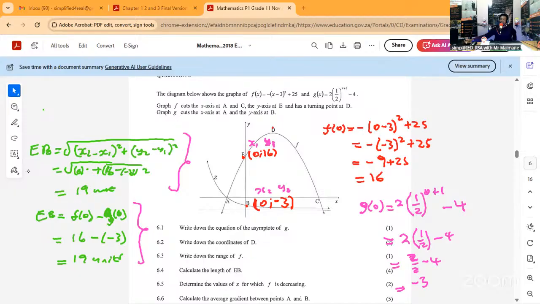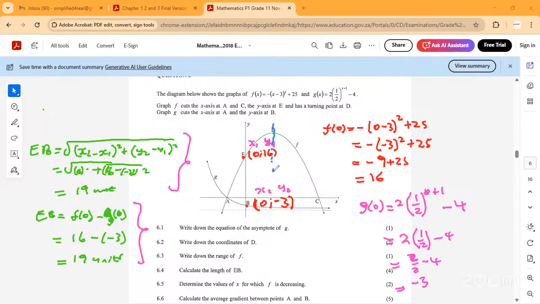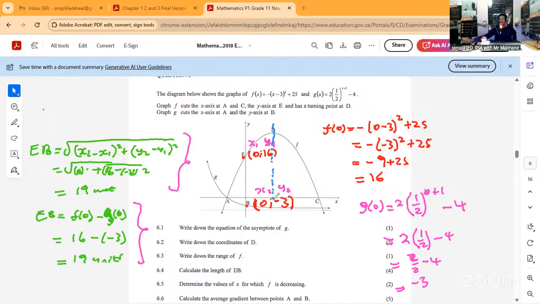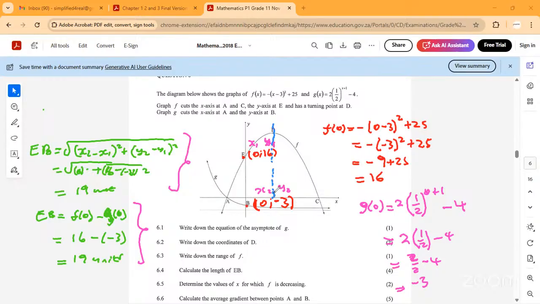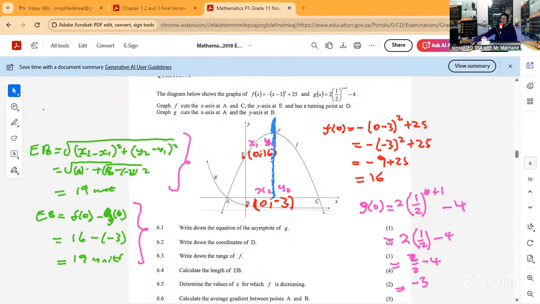3 is just like this equation here, this line here, right? Is that the point where the function f is decreasing?